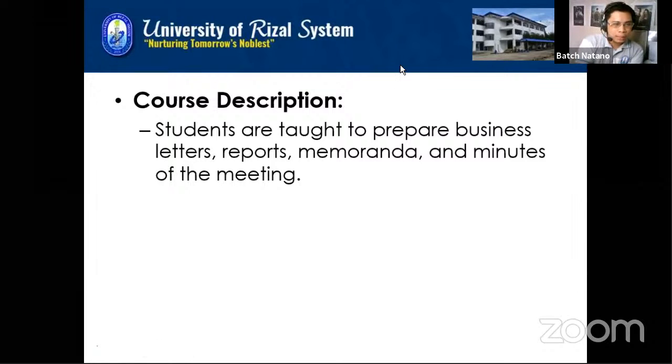So, in your English language enhancement subject, you already had the background of the different techniques on how to write an effective sentence, effective paragraph when it comes to formal language. For this subject, our focus is on the application of those things that you learned from your English language enhancement course.